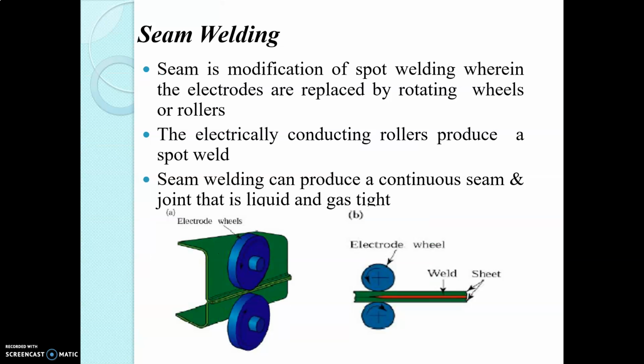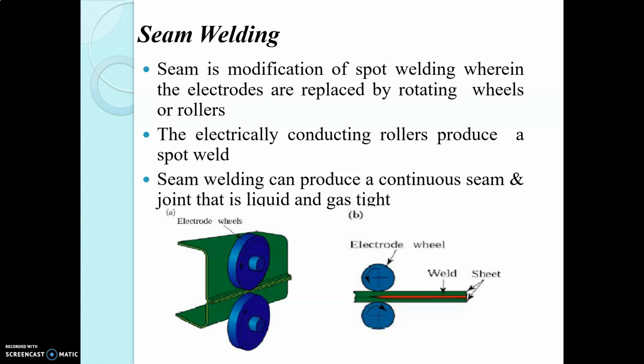Next type of electric resistance welding is seam welding. When the spot welds on two overlapping pieces of metal are spaced apart, then the process is called roll spot welding.